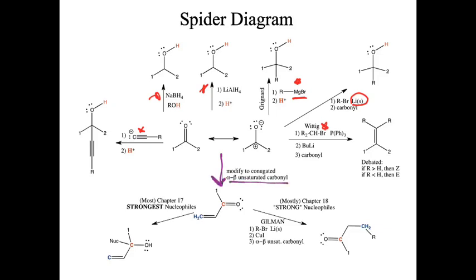The big thing that changes here is now we're no longer going to look at just a carbonyl. We're going to put a carbonyl next to an alkene. Okay? That's going to change the reactivity of the carbonyl. Why would it change the reactivity of the carbonyl? There's a resonance contribution. Okay? What does that resonance contribution do to that positive electrophilic carbon?